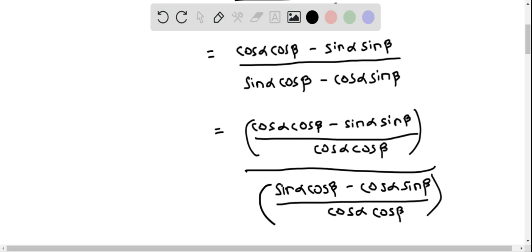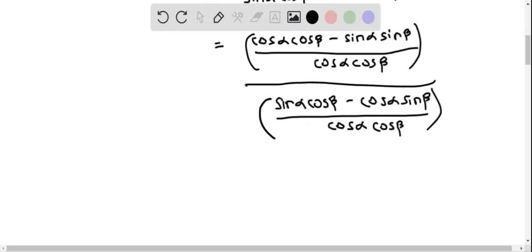Now we can rewrite both the numerator and denominator fractions as a difference of two terms. That is, we rewrite this as one term and this as another term.